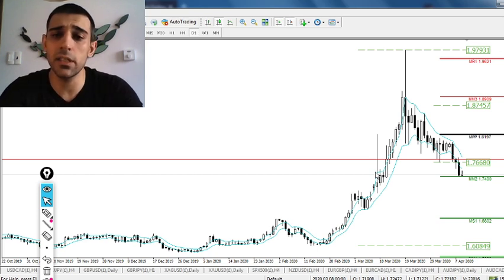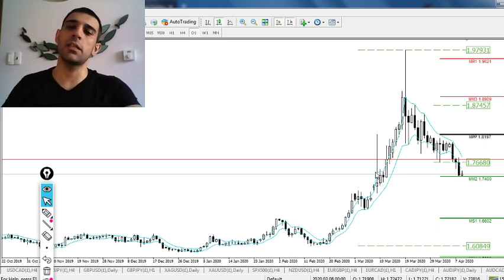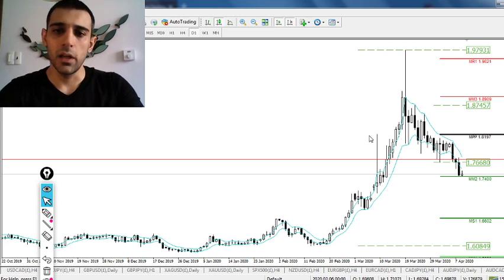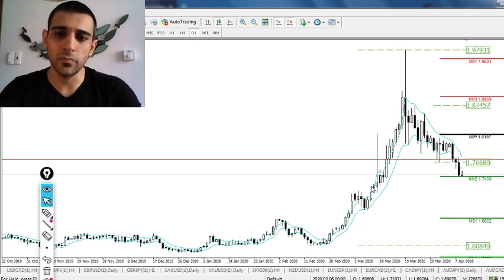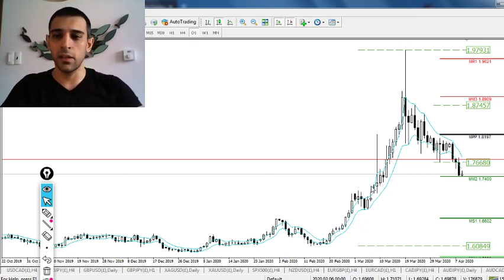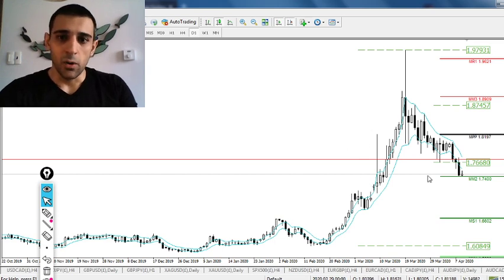This currency and also the British pound against Japanese yen, these two currencies move a lot, so you need to keep that in mind. There were quite a few traders who blew their accounts on that. I think that was where the virus thing started and escalated, and everything went haywire.